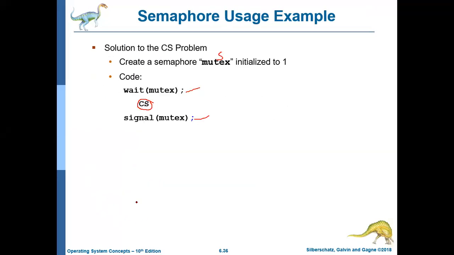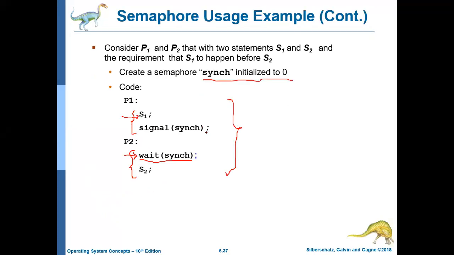The sync value is incremented to 1. Now the sync value is 1, so your while loop will break and you go on to execute S2.